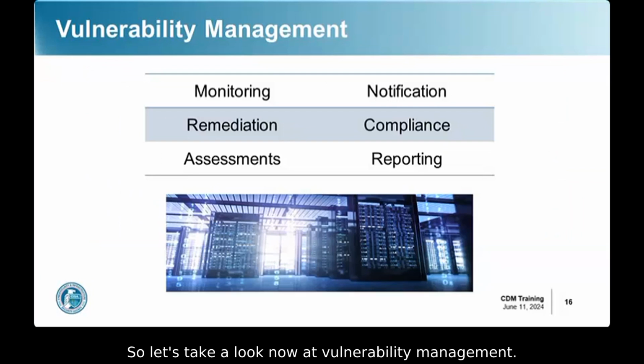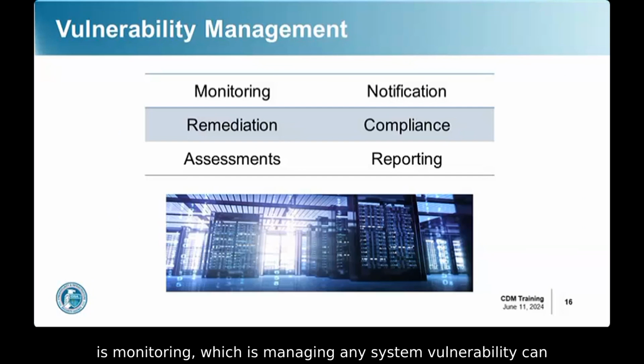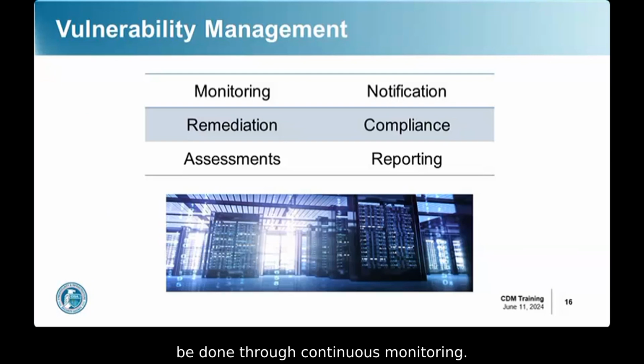So let's take a look now at vulnerability management. And this is the third fundamental activity. And here you see a basic list. It's not all inclusive, of course, but it's activities that are related to vulnerability management. And the first one I want to mention is monitoring, which is managing any system vulnerability can be done through continuous monitoring.